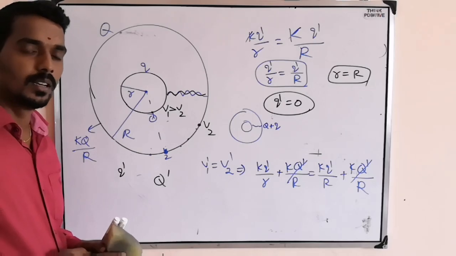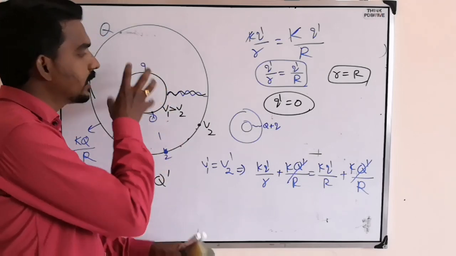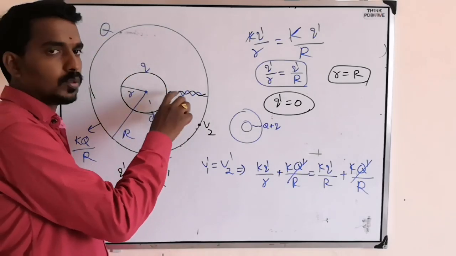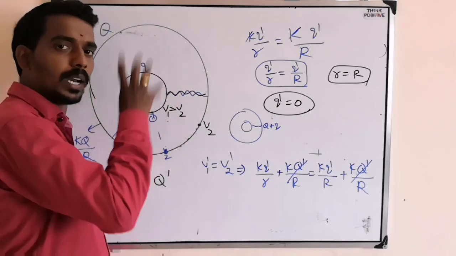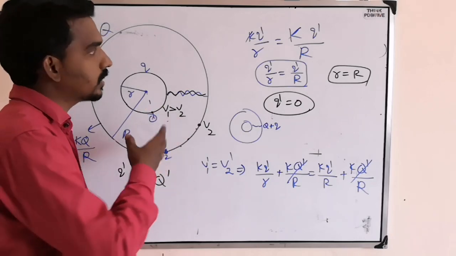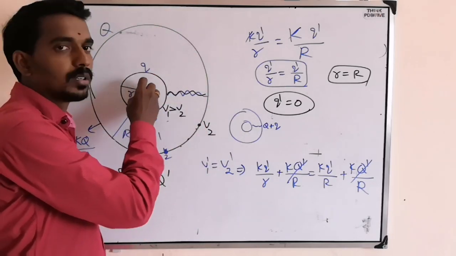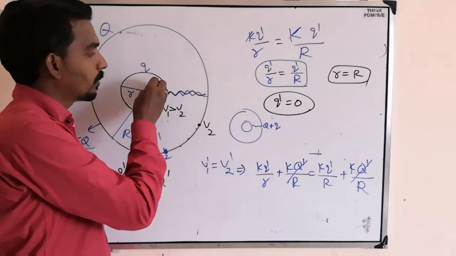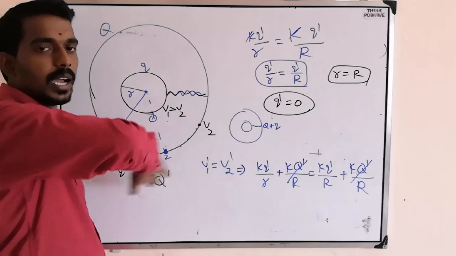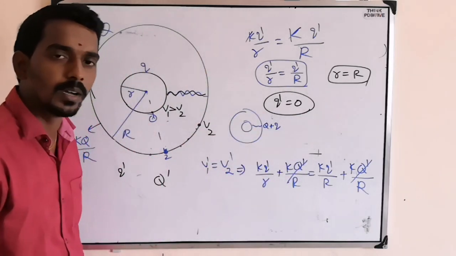Because when you consider a conductor, no charge will reside inside. Now when you connect these two with a wire, it is like one conductor. So for a conductor, the charge always resides on the outer surface only. That's why the total charge will move from the inner shell to the outer shell and reside only on the outer shell. That's why q dash becomes how much? 0.